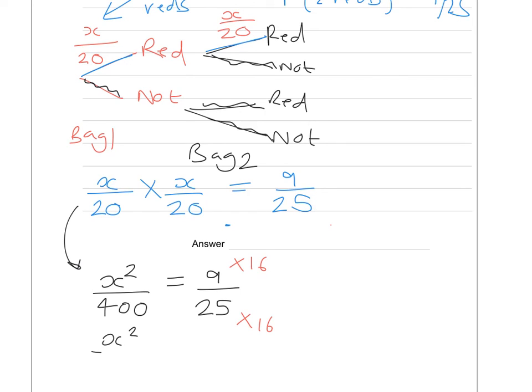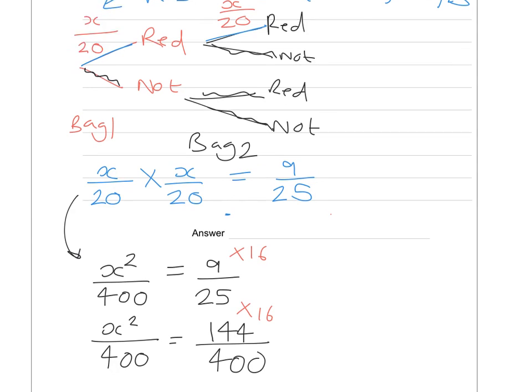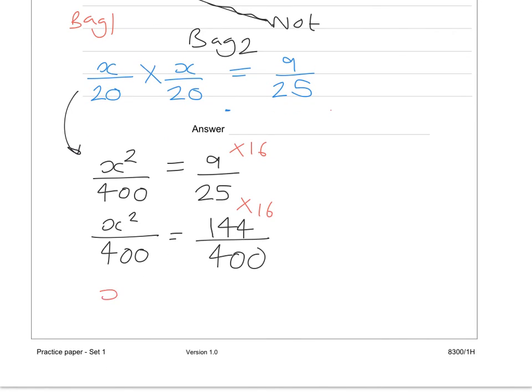So we have x squared over 400 equals 144 over 400. This then gives us x squared equals 144 and x equals 12, i.e. there must be 12 counters in the bag.